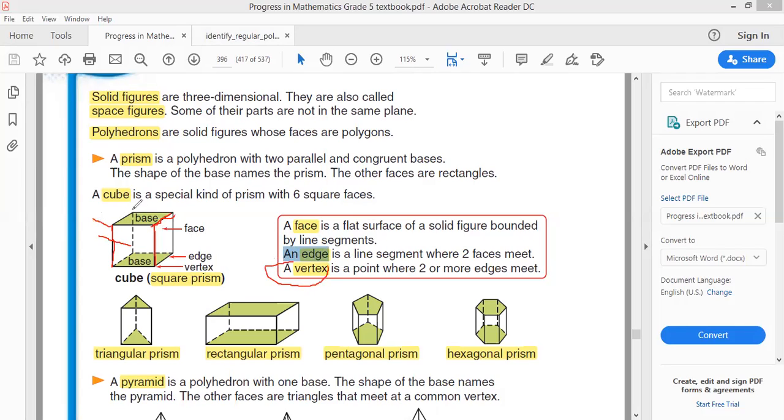Look at there, this corner, this corner, this corner, any corner in the figure, we call it a vertex. Face, edge, and vertex.